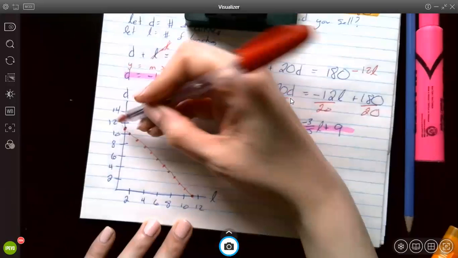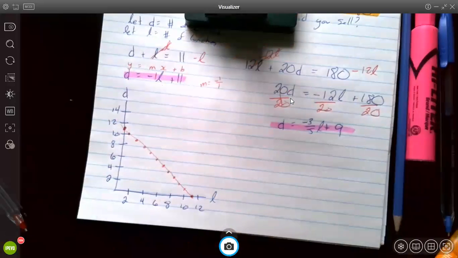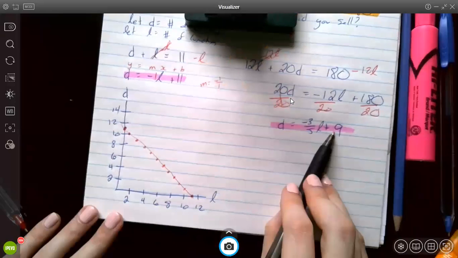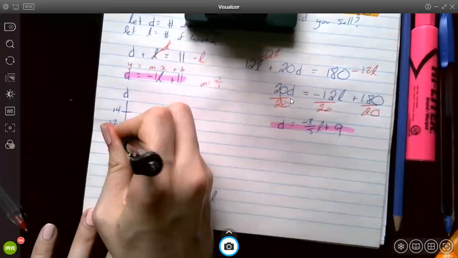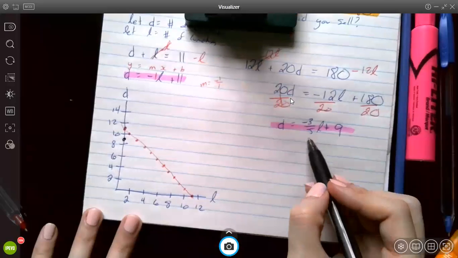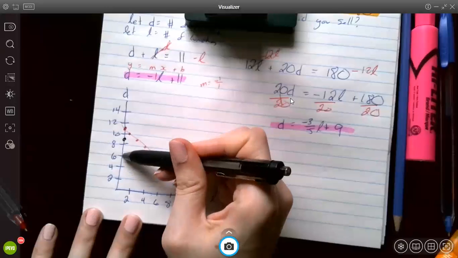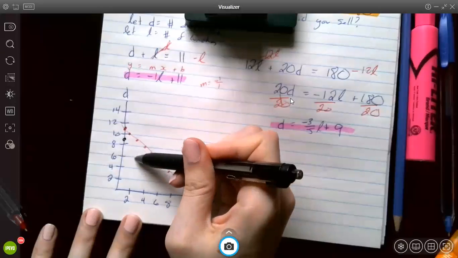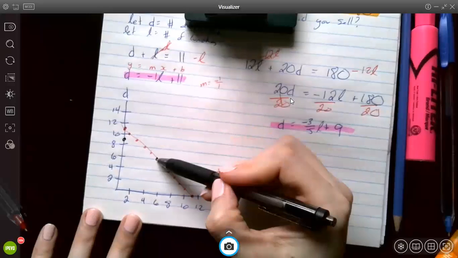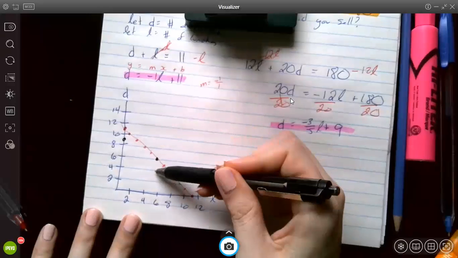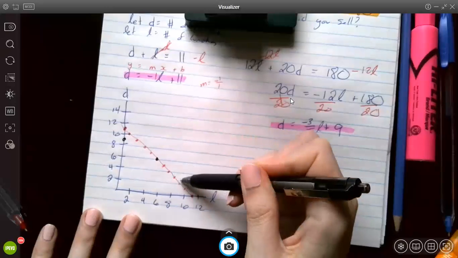Okay, then I'm going to graph my other line. I'll start by plotting that b value at 9. And then I'm going down 3/5. So down 1, 2, 3 over 1, 2, 3, 4, 5.